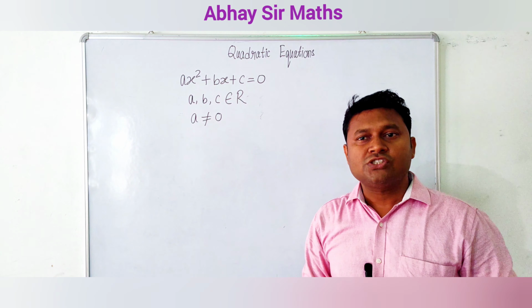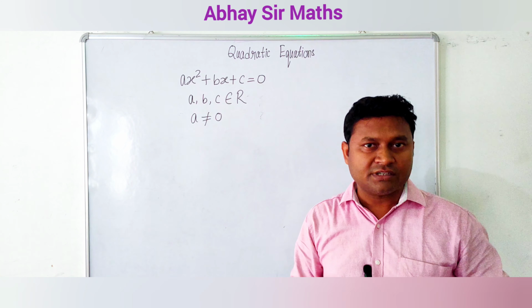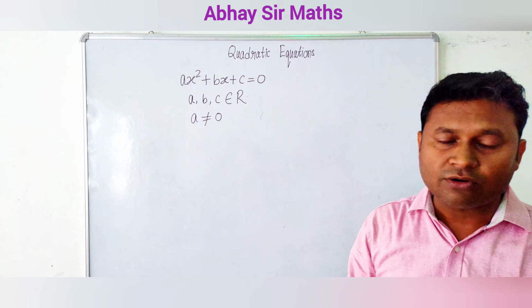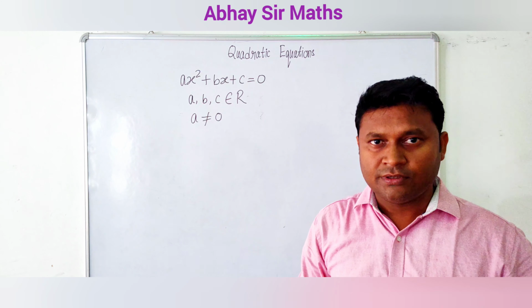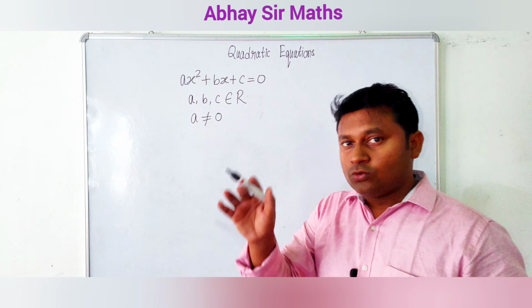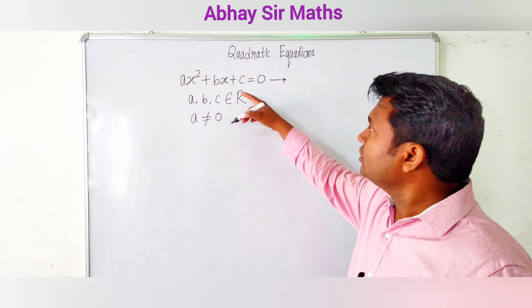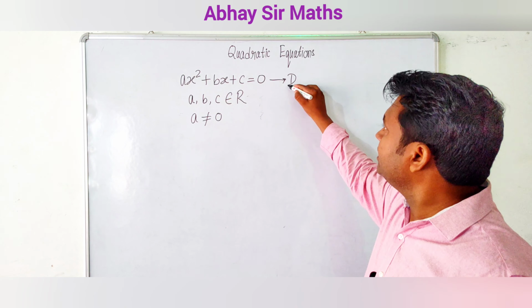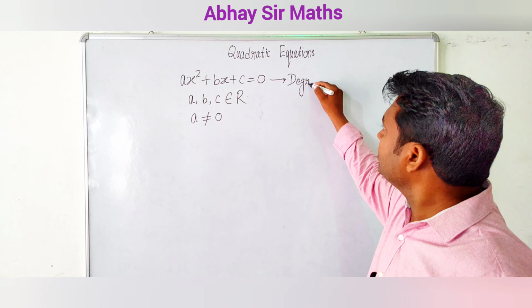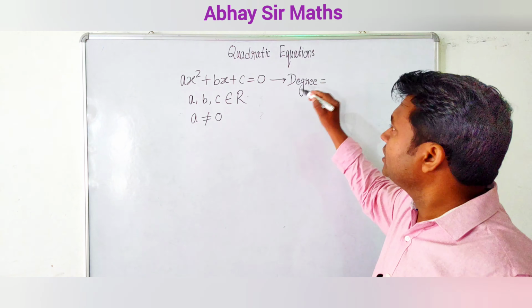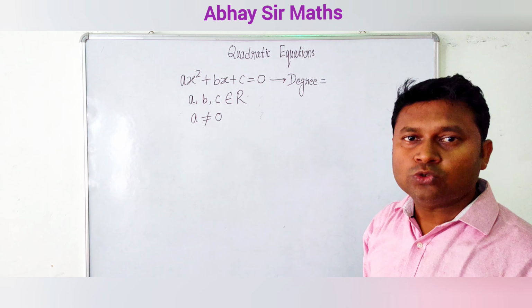Now the important question is why. What is the reason that the value of a cannot be equal to 0? To answer this question, let us first know what the degree of a quadratic equation is.